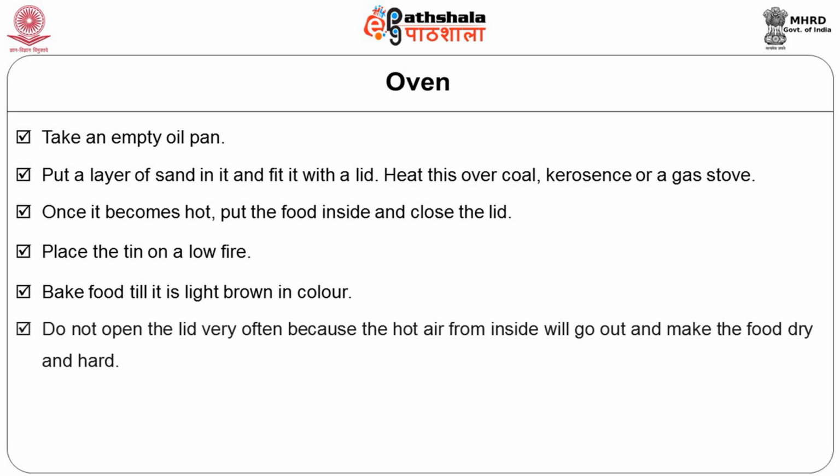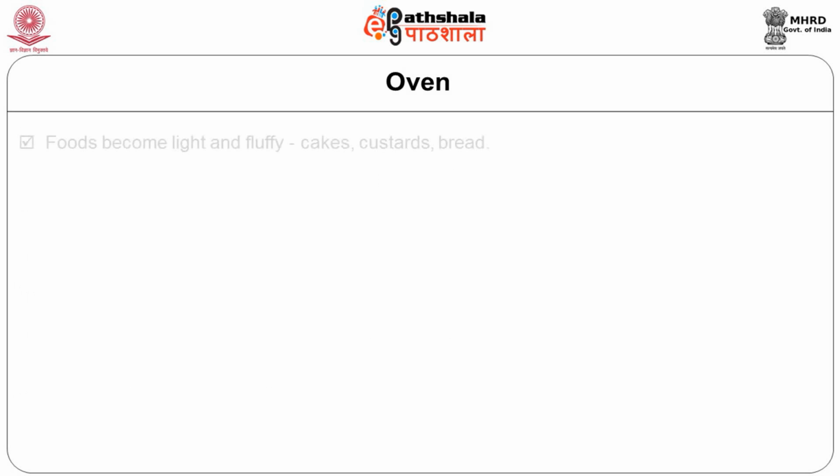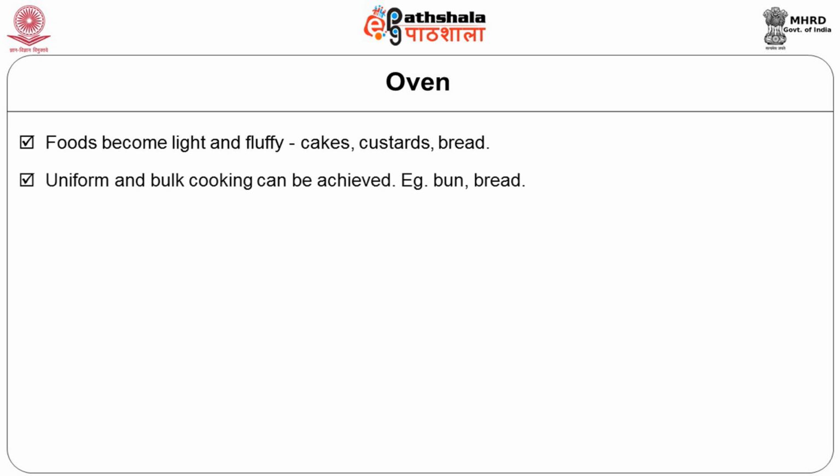Do not open the lid very often because the hot air from inside will go out and make the food dry and hard. Baking makes foods light and fluffy. Example, cakes, custards and bread. Uniform and bulk cooking can be achieved. Example, bun and bread.